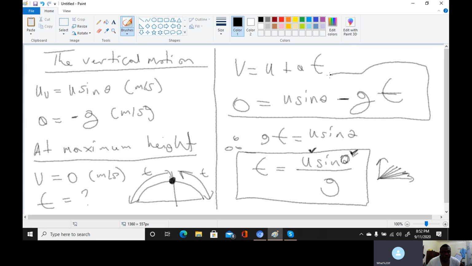They'll ask you, how long would it take for a stone or a bullet to reach maximum height after it was fired at a particular angle? You would say, I'm going to analyze the vertical motion, and at maximum height my final vertical velocity is 0. Remember, though your vertical velocity is 0, you still have a horizontal velocity.